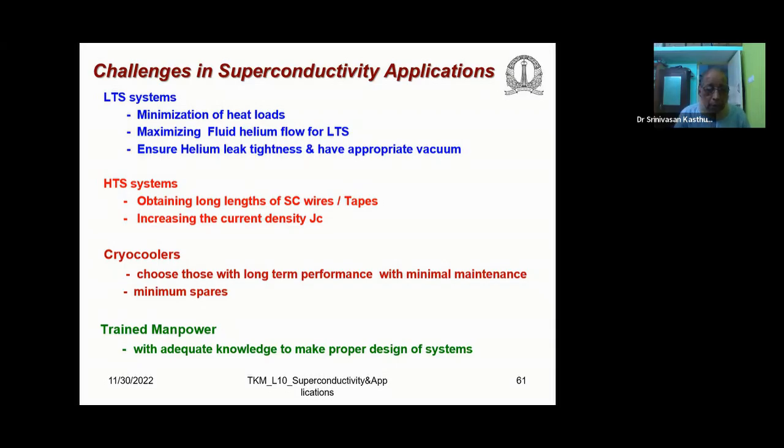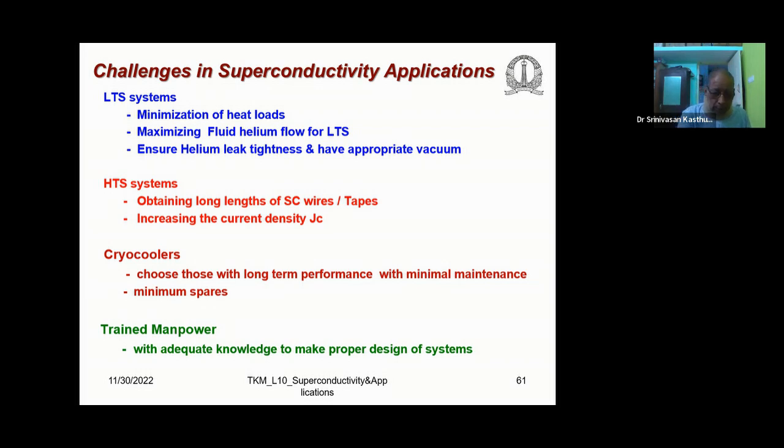For all this you require trained manpower with adequate knowledge to make a proper design of the systems, and to introduce corrective measures whenever difficulties or problems occur in the operation of these superconducting devices.